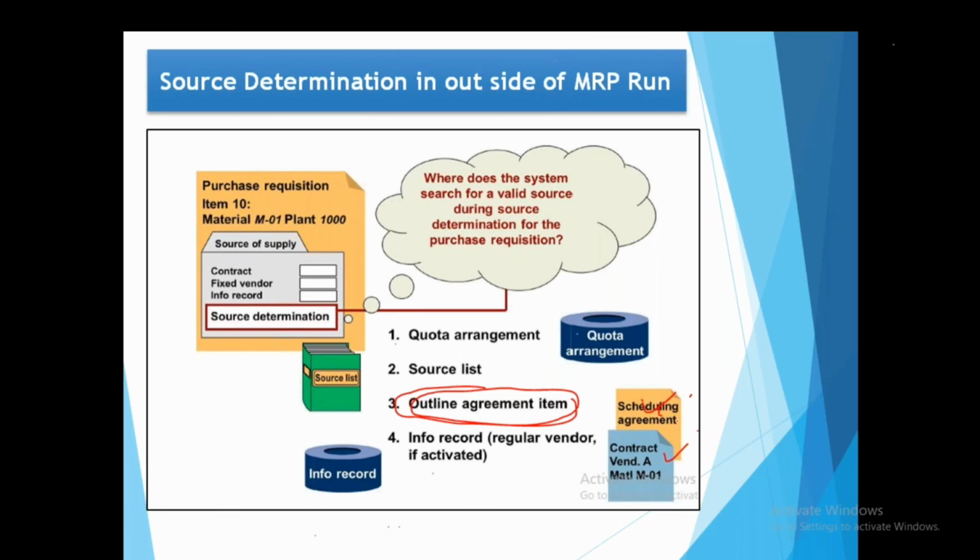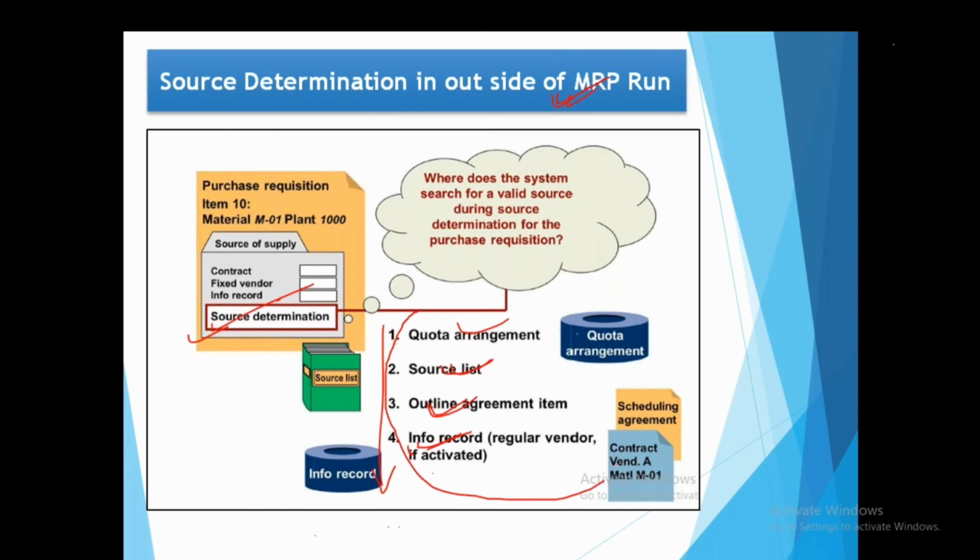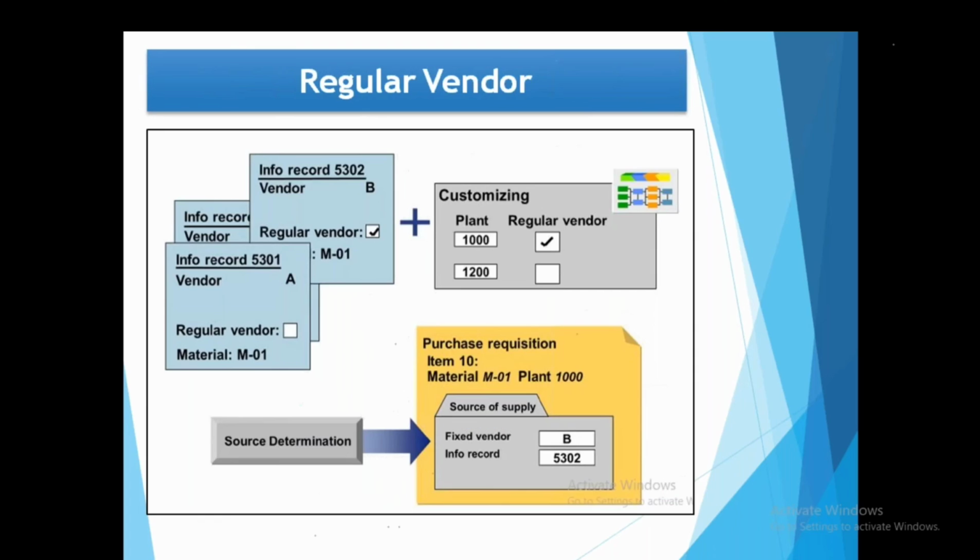If outline agreements are not there, then the system searches the info record. In the info record, if any regular vendor is there, it will assign that regular vendor. We'll discuss that regular vendor also. This is the order of priority in which the system does source determination outside of MRP, that means manual. We already discussed info record, outline agreement, source list, quota arrangement. Now the next one is regular vendor.